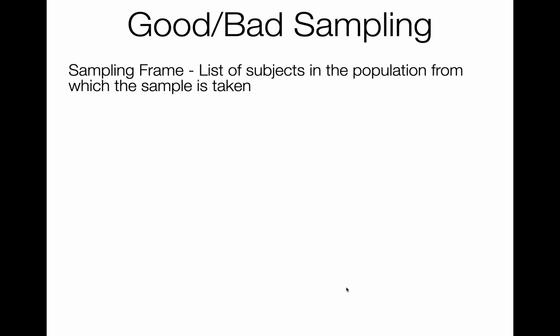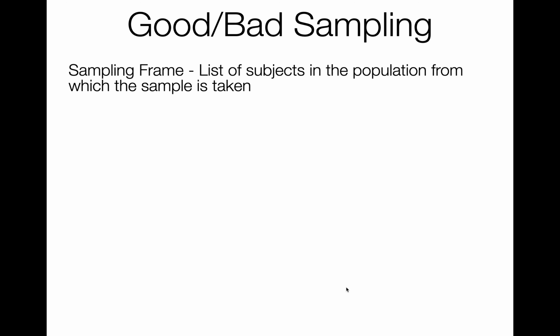So let's talk about that. We're going to talk about observational studies now and the things that go on in an observational study. In both an experiment and an observational study, you have to do a sampling. So you have to go out and pick people, places, or things that you want to collect data from.